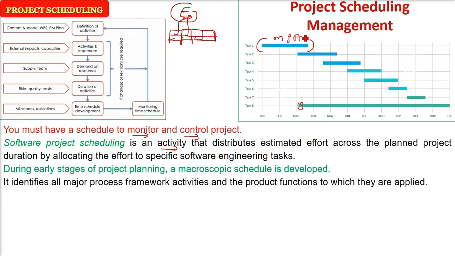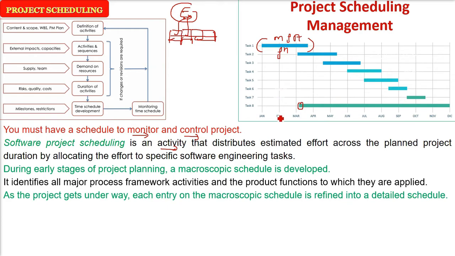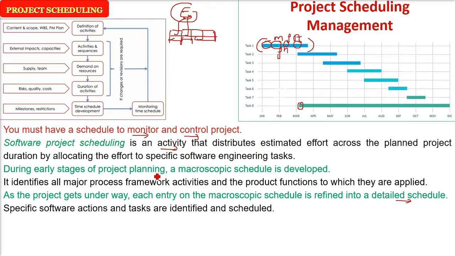But as the project gets underway, each entry on the macroscopic schedule, which we did in the early stages, needs to be refined into a more detailed schedule. That is, the tasks under each activity have to be given their time. So specific software actions and tasks are to be identified and scheduled.